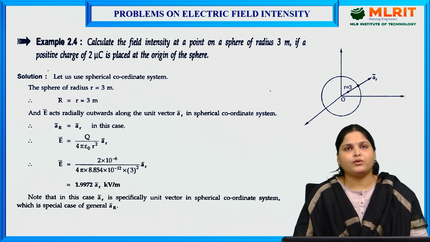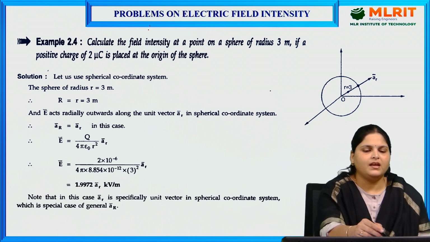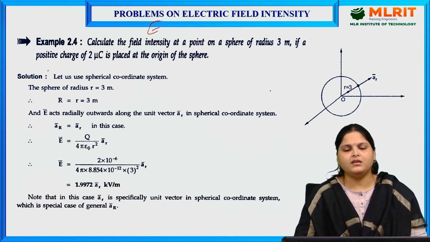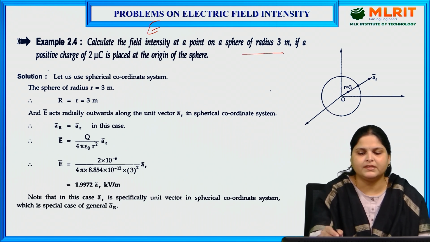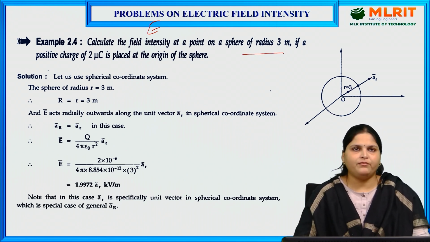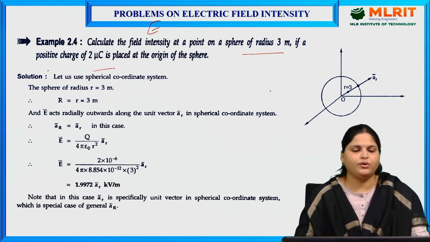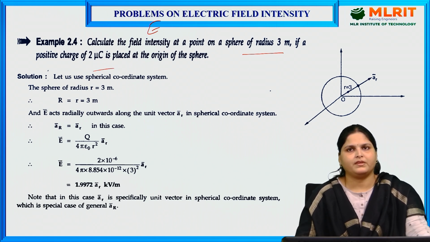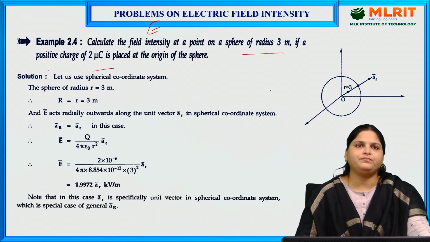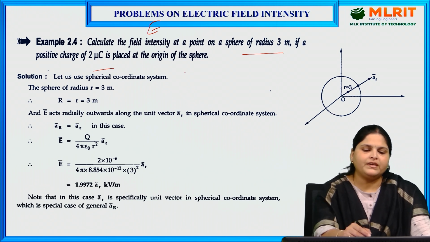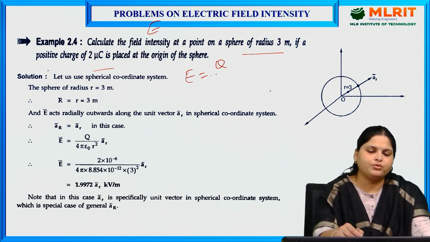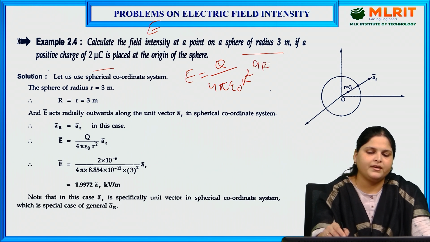Question is, calculate the field intensity at a point on a sphere of radius 3 meter, if positive charge of 2 microcoulomb is placed at the origin of the sphere. I will simplify this question. We have to find out field intensity whose formula is Q upon 4 pi epsilon naught R square AR.